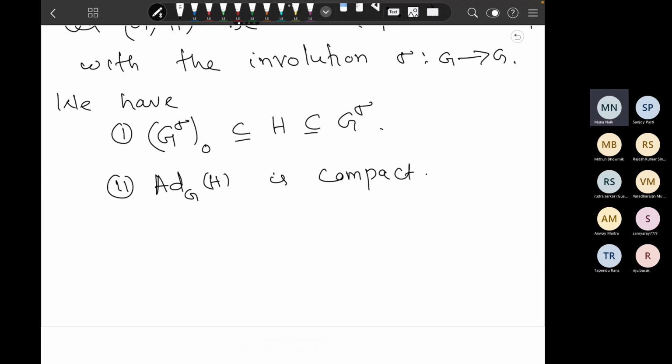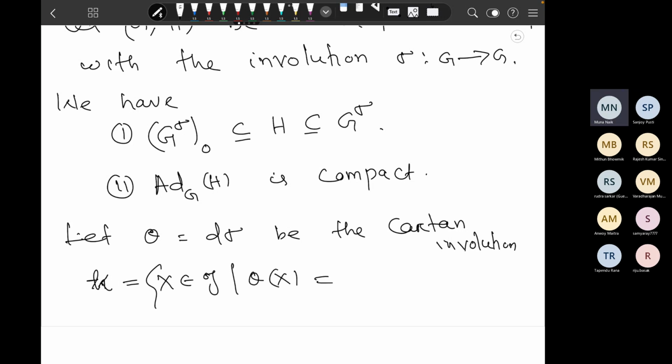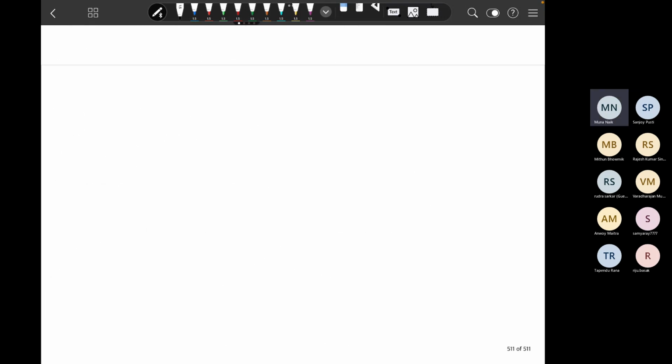Now let θ = dσ be the Cartan involution. You can write 𝔨 = {x in 𝔤 : θx = x} and 𝔭 = {x in 𝔤 : θx = −x}.